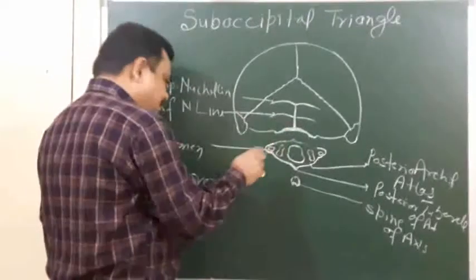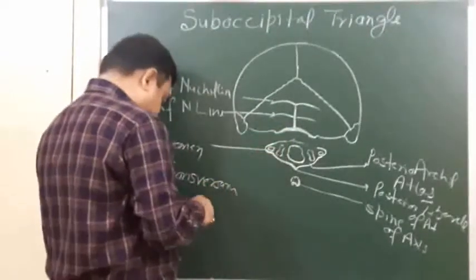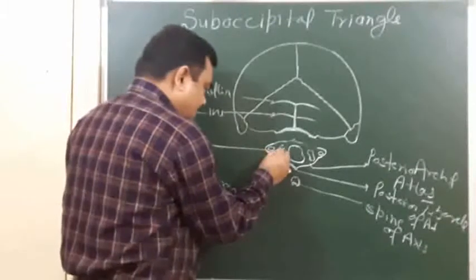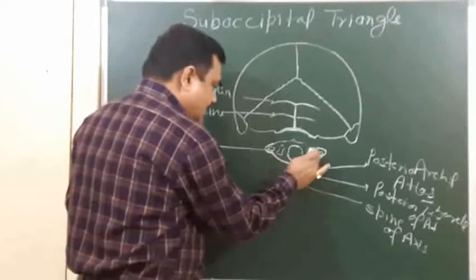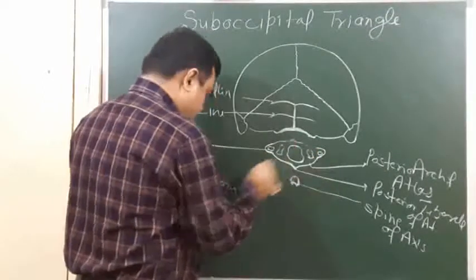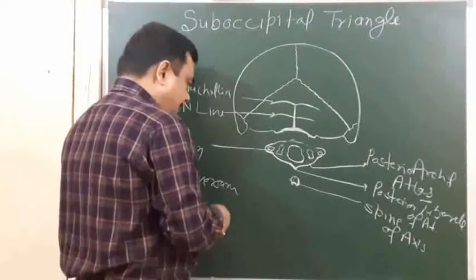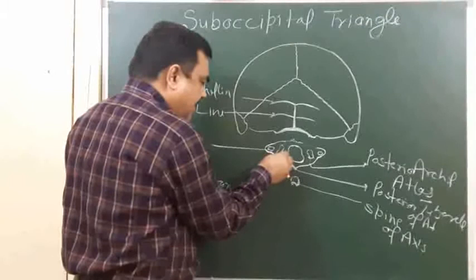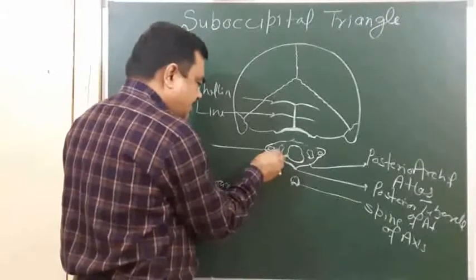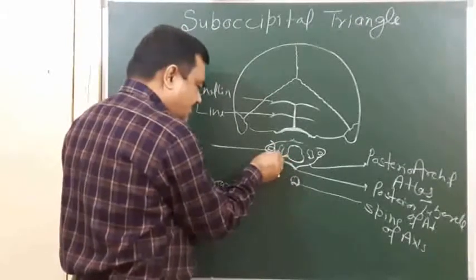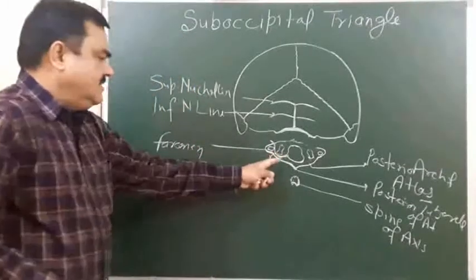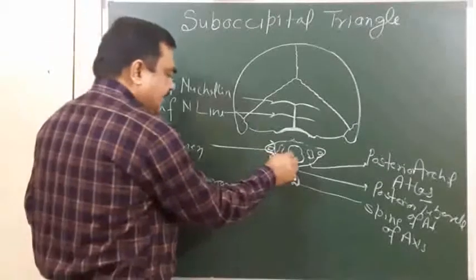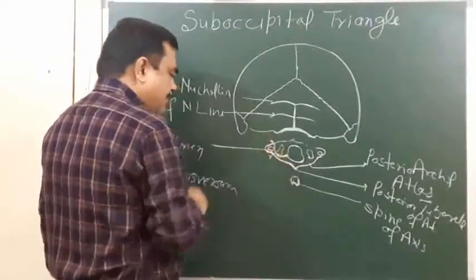And one important thing, here is the first nerve, C1. This is the ventral ramus of C1, and this is the dorsal ramus of C1, the first cervical nerve.